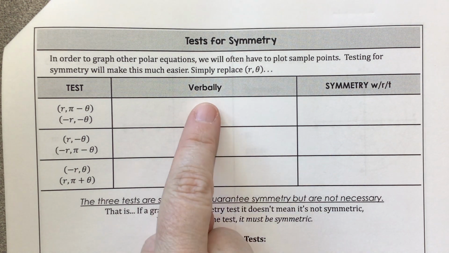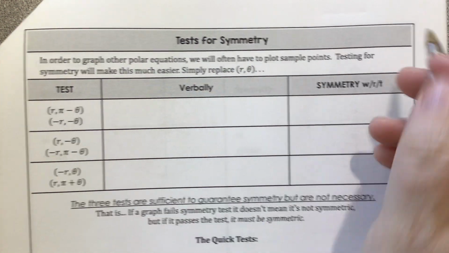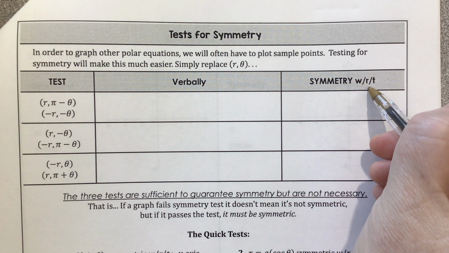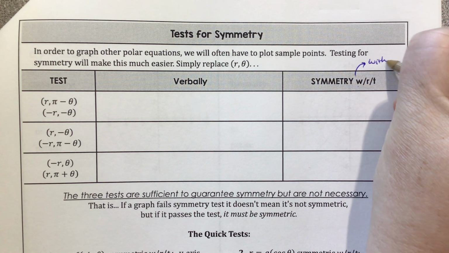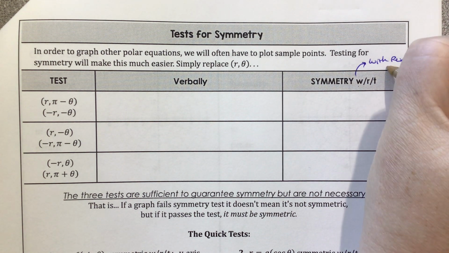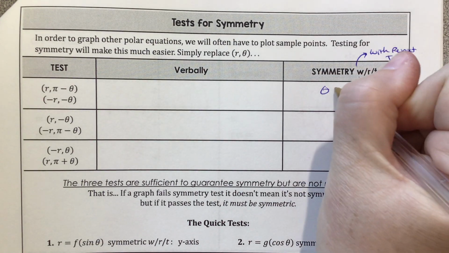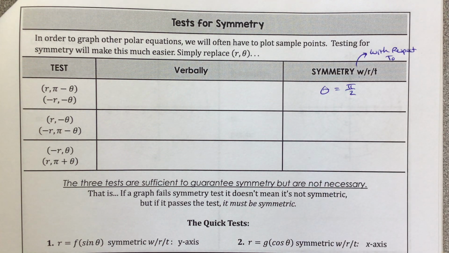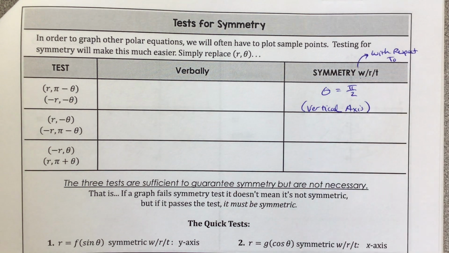So, to start, we're testing this WRT. We've talked about the abbreviation WRT before. I don't usually put the slashes in here, but we've said this means with respect to. So symmetry with respect to theta equals pi over 2 is our first test. This is vertical axis symmetry, like having y-axis symmetry on a rectangular graphing system. Here's our test.